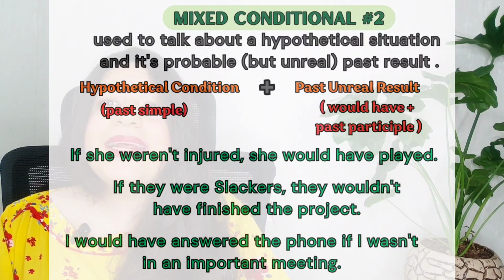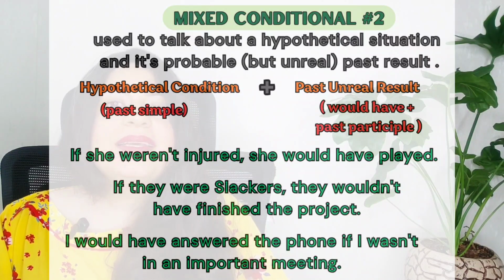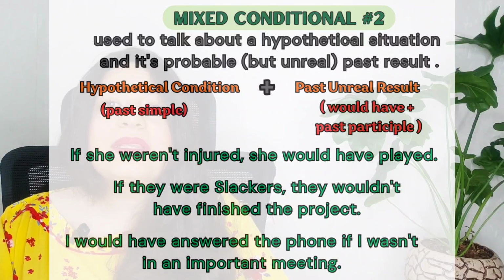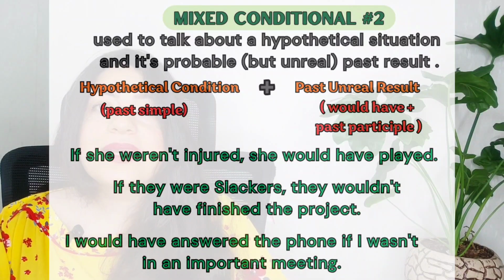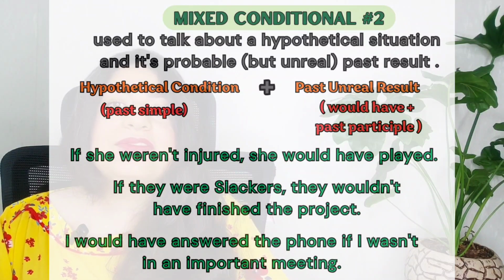Let's look at some more examples. If she weren't injured, she would have played. It's a hypothetical situation because we know that she's injured. Or I could say, if they were slackers, they wouldn't have finished the project.